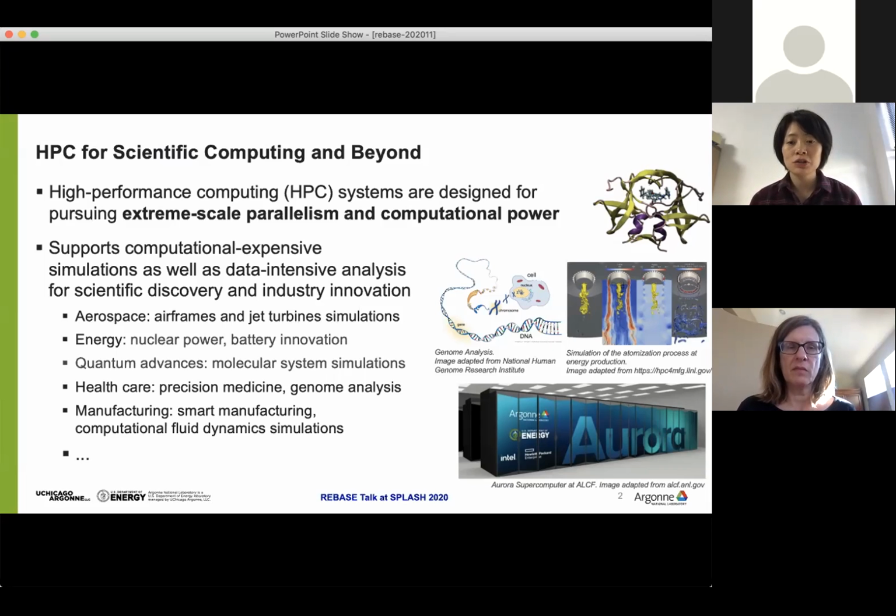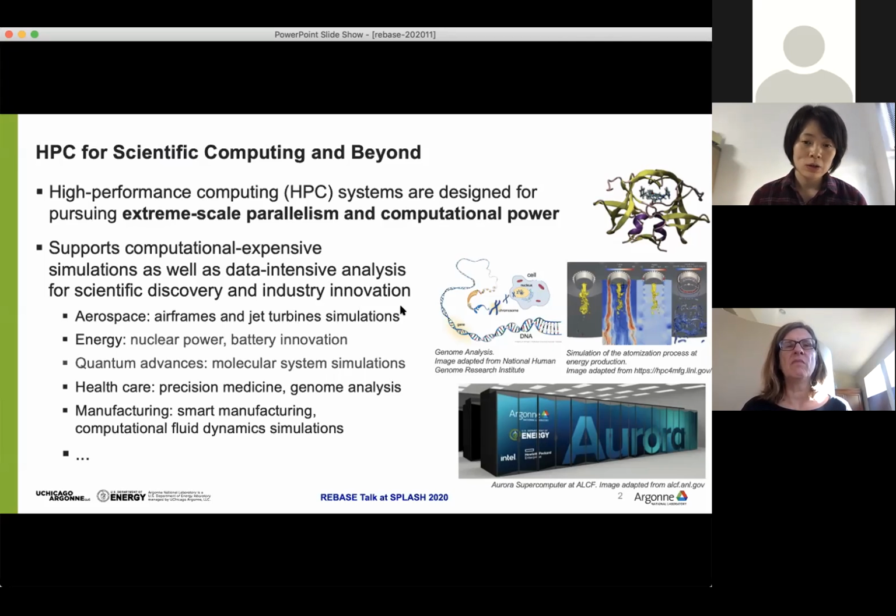In the pictures, you can see molecular simulation, genome analysis, and fluid physics simulations. We found this extreme computational power can help many domains in scientific discovery as well as industry, for example manufacturing, aircraft design, and so on.